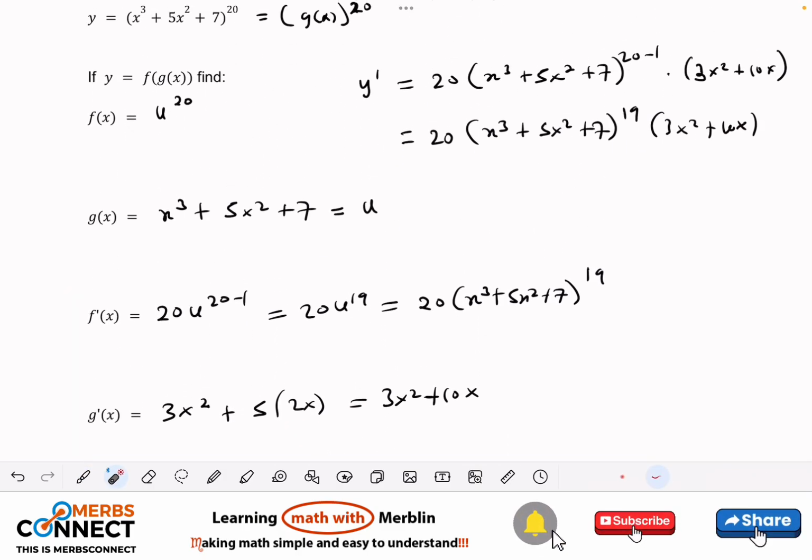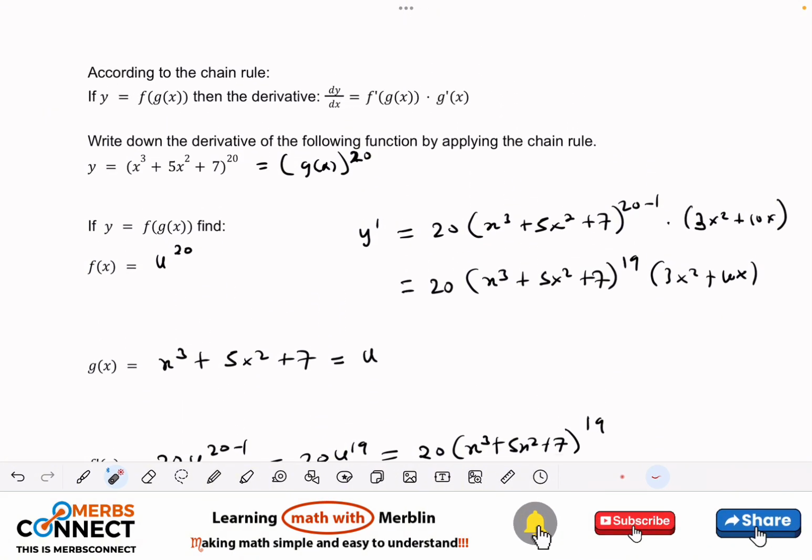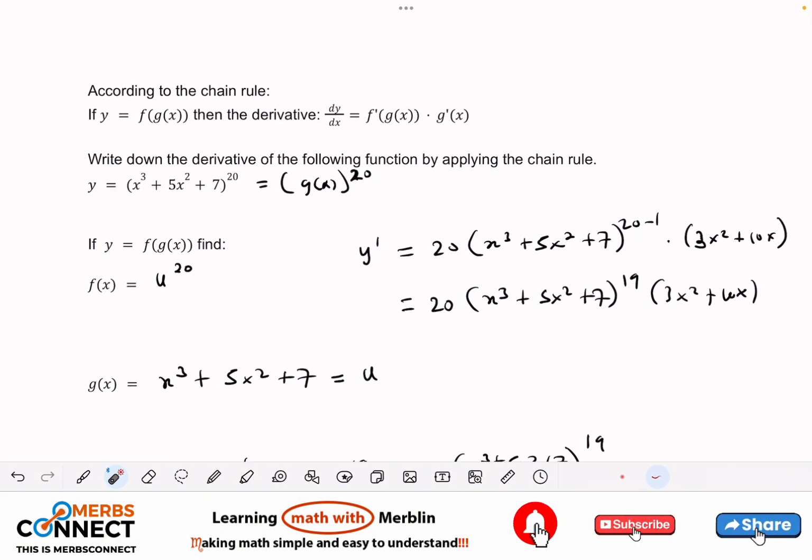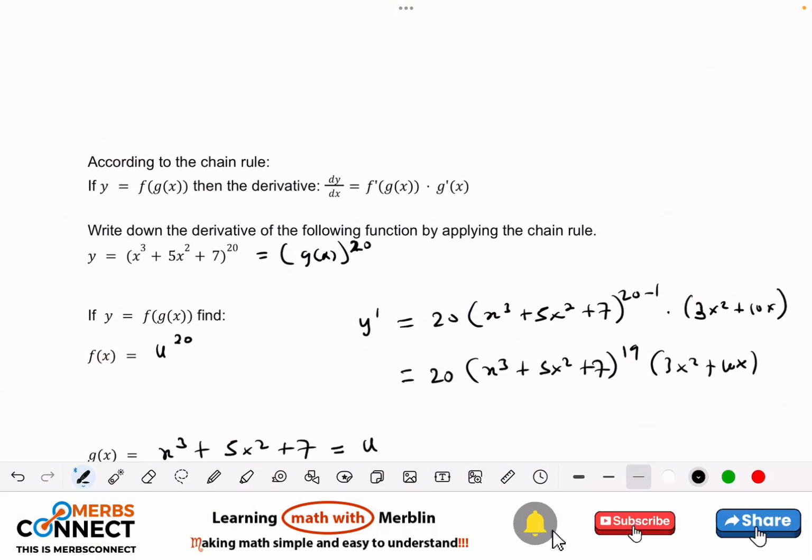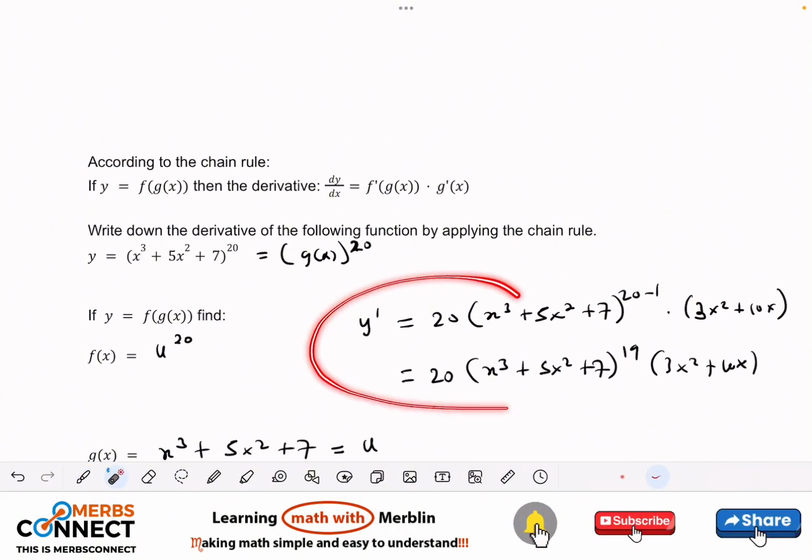So that is the general idea with the chain rule. Learn how to do the direct substitution, then you learn how to also do this process. But I think I can give you some bonus tip from what I was doing here.